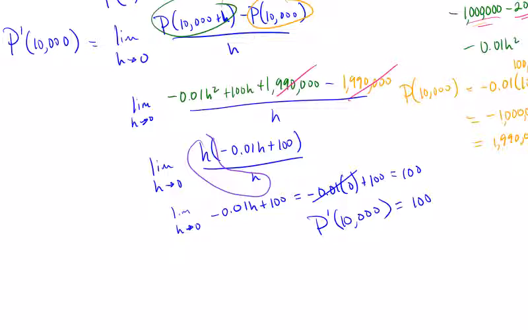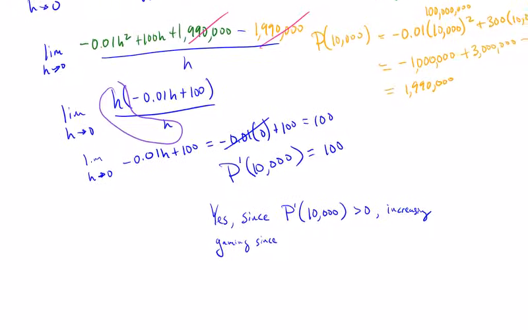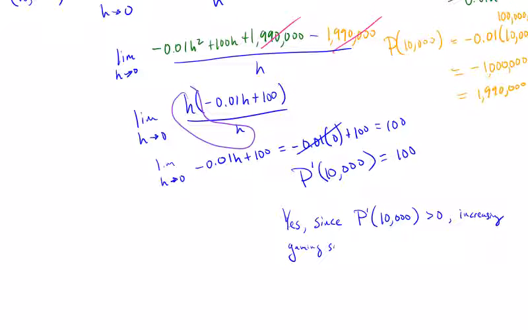And so the answer would be yes, since the rate of change of profit, right, which is what this says, at 10,000 units, is greater than 0, increasing gaming systems, or increasing production of gaming systems, right?